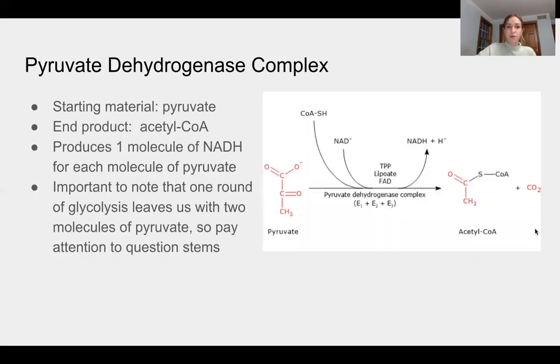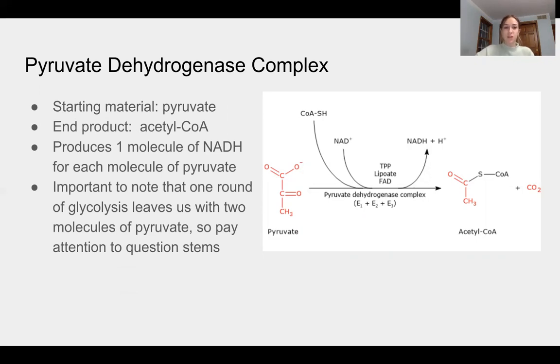All right, so the pyruvate dehydrogenase complex. We're not going to go too in depth today because this is not super high yield on the MCAT, but it's important to know where it is in terms of glucose metabolism and the purpose that it serves. Here we have the pyruvate that was the end product of glycolysis.